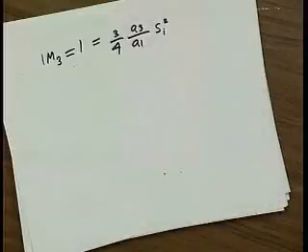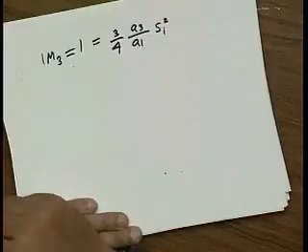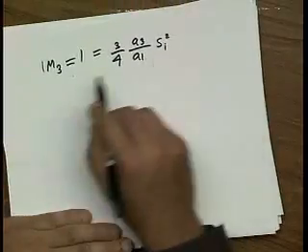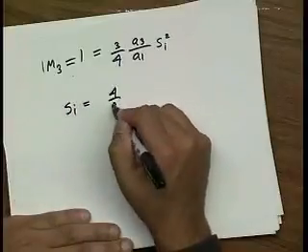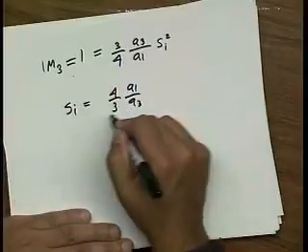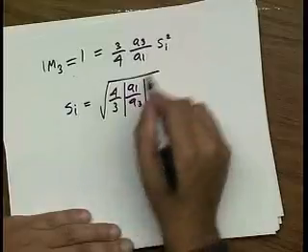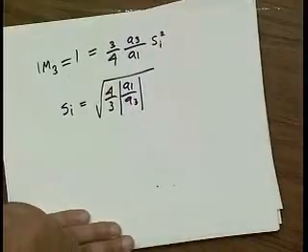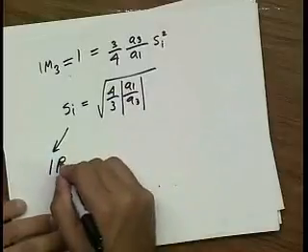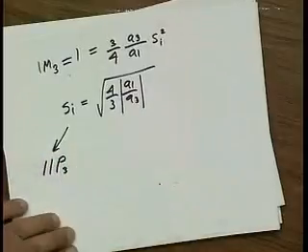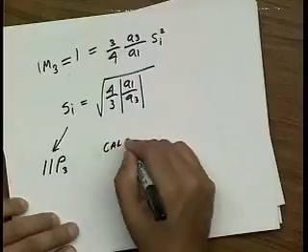Let me verify this. Yeah, that's right. Okay. So now let me just solve for S input to get IM3 of 1. That gives me 4/3 A1 over A3, let's say magnitude, square root. So this is the input IP3 point calculated directly.